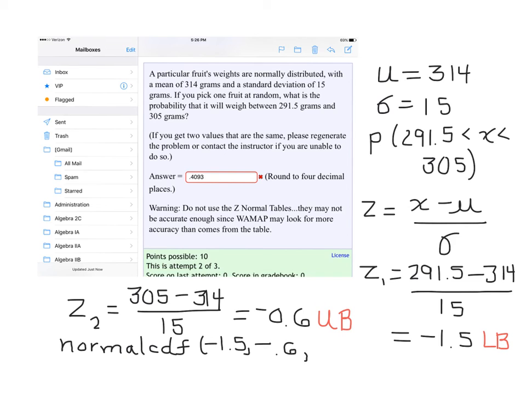So if you're entering z-scores, your mean is 0 and your standard deviation is 1. And when we enter that command and hit enter, rounded to 4 decimal places, we get an area of 0.2074.